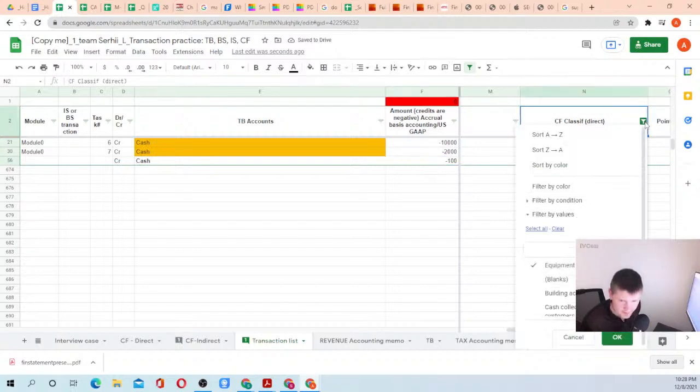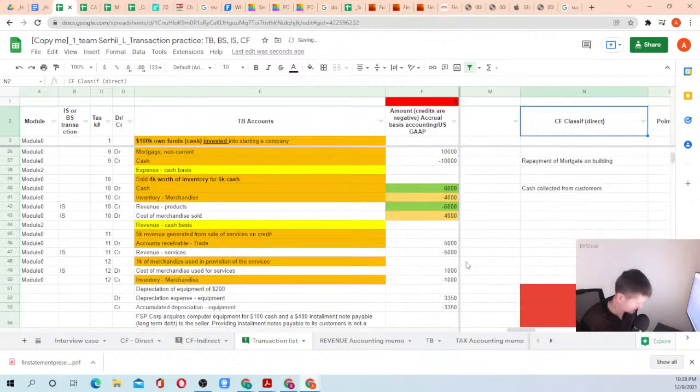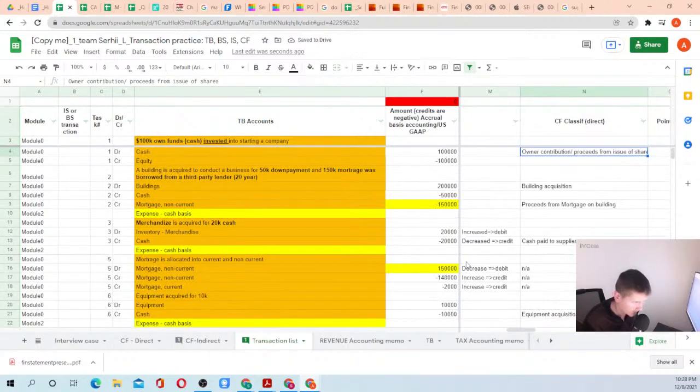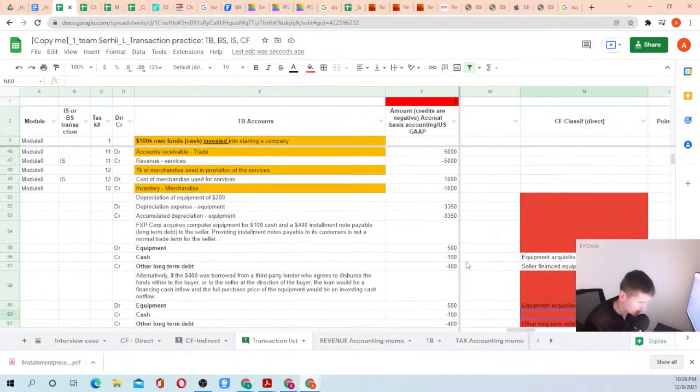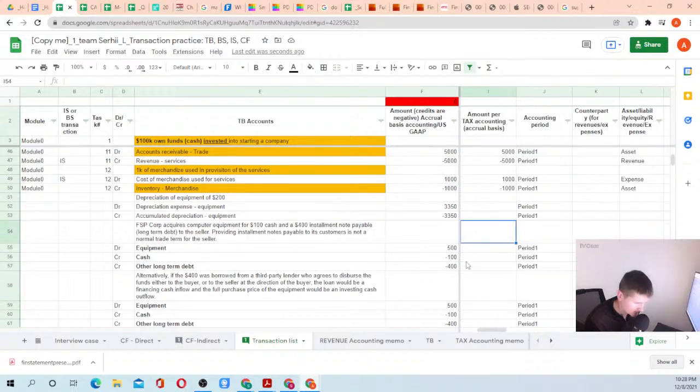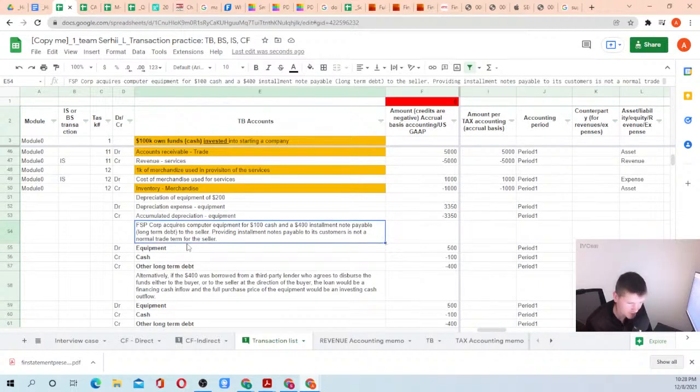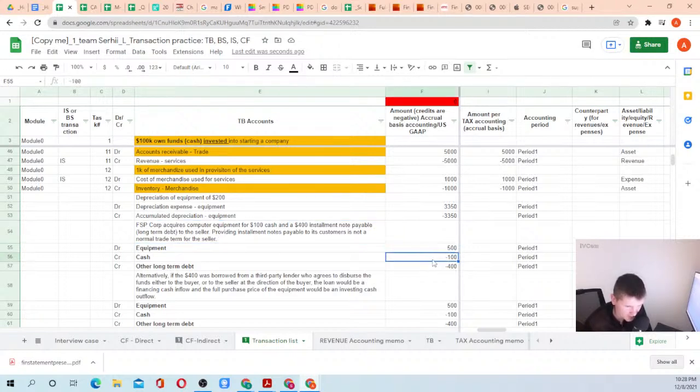Okay, line 56. Yeah, that was one of the examples where we have trade finance, which is a non-cash acquisition of property, plant and equipment. So basically we have to account for that as well in our roll forward.